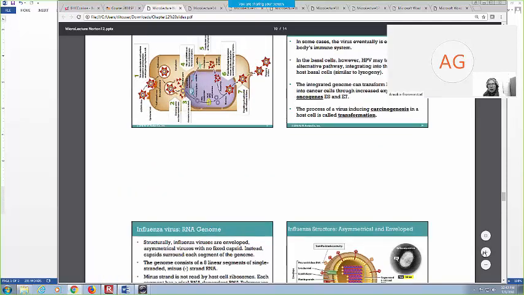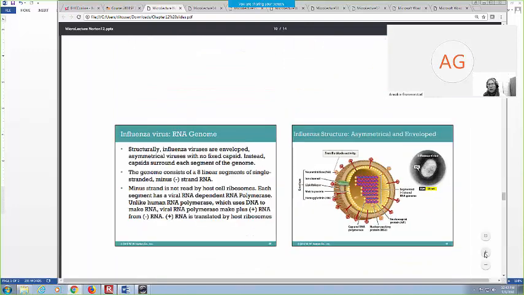So let's just look at the virus itself here on the right. So the structure, as we learned from, I think, a couple people who did a presentation on influenza.